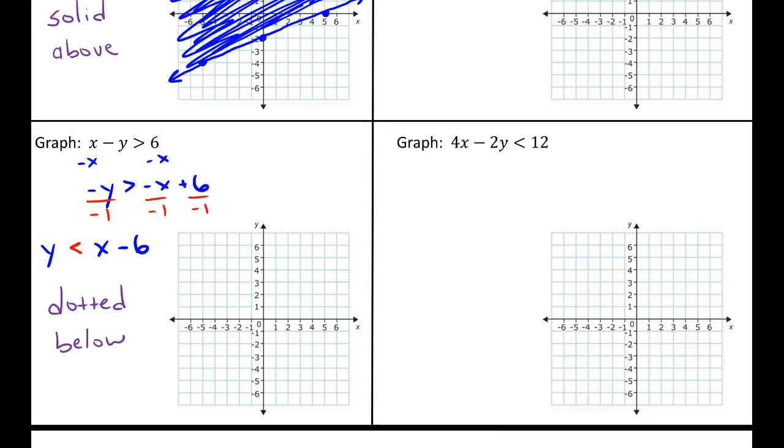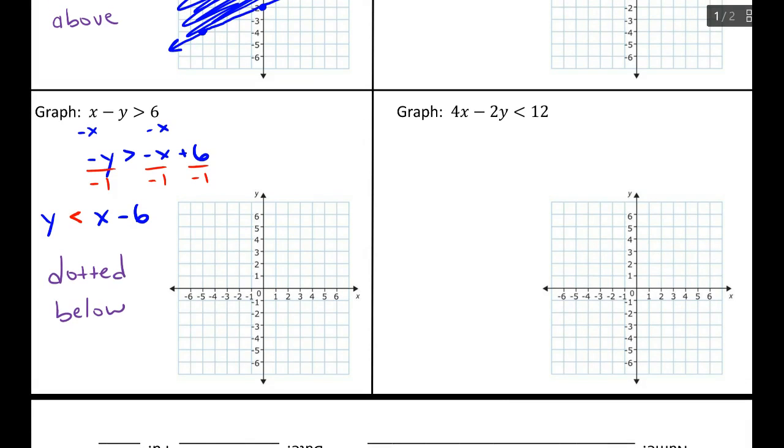So let's graph the boundary line, y equals x minus 6. Okay, so start at negative 6, and a slope of 1 here, so 1 over 1. Okay, there's a bunch of points, and we're going to graph this with a dotted line because it's a less than sign.